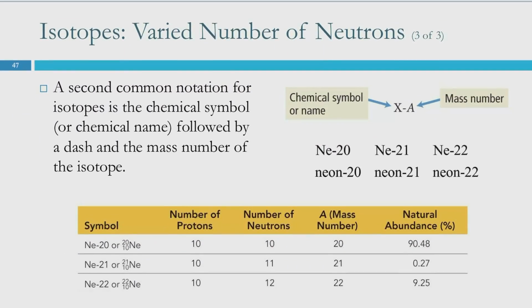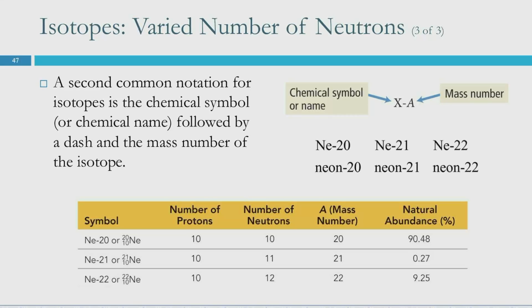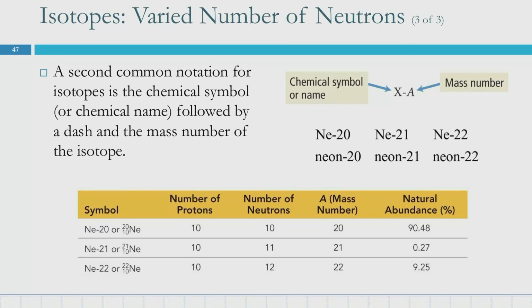There's other nomenclatures, other notations that we can use as well. So you can also have chemical symbol dash mass number or chemical name dash mass number. Other examples being like carbon 12 or C12.